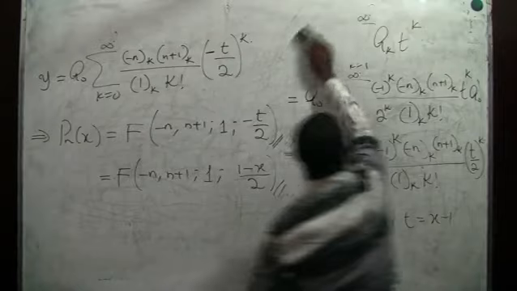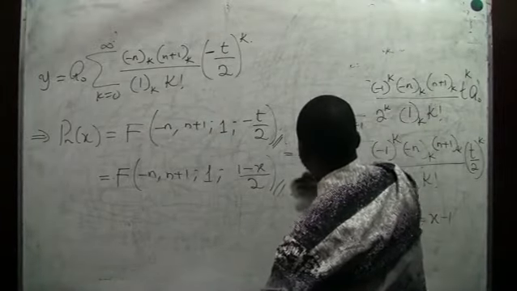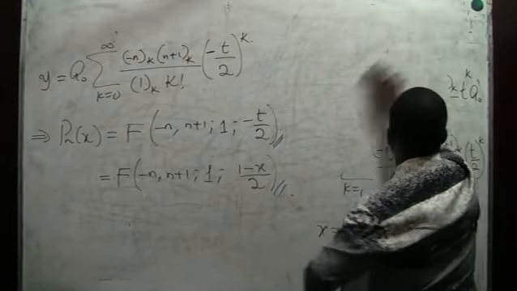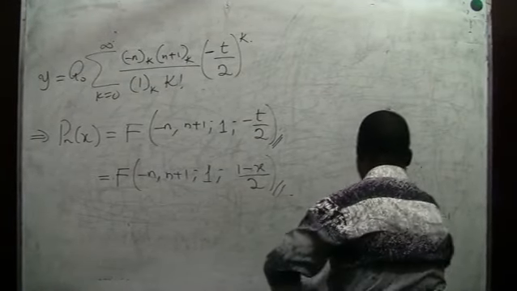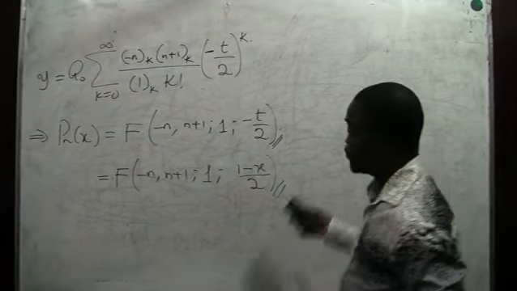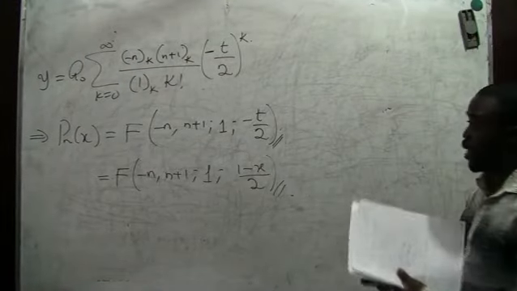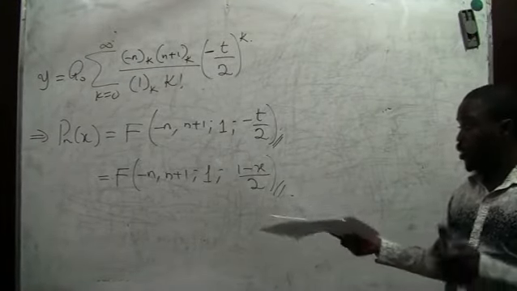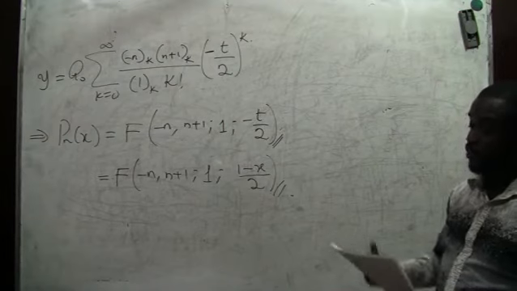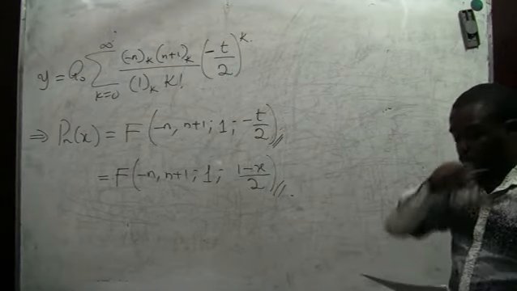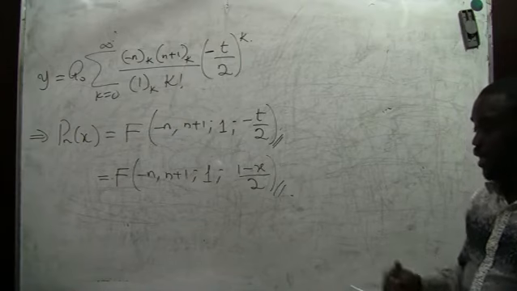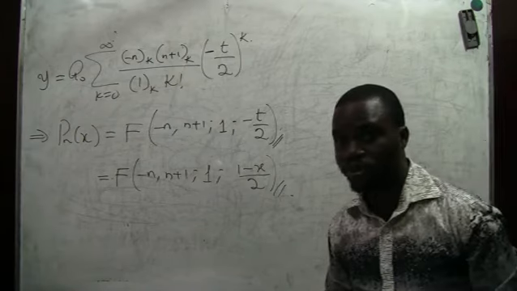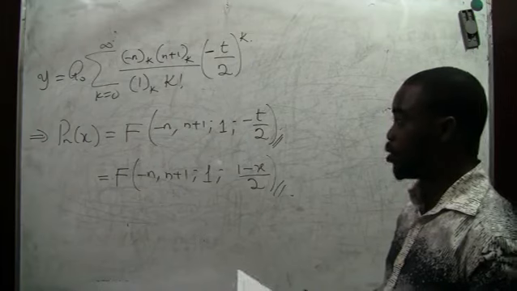I want to believe you are all following the class. I know you are very happy now. Please, we've been able to establish the relationship between the Legendre equation and the hypergeometric equation: the solution of the Legendre equation, which is the Legendre polynomial of the first kind, and that of the hypergeometric equation, which is a hypergeometric function.